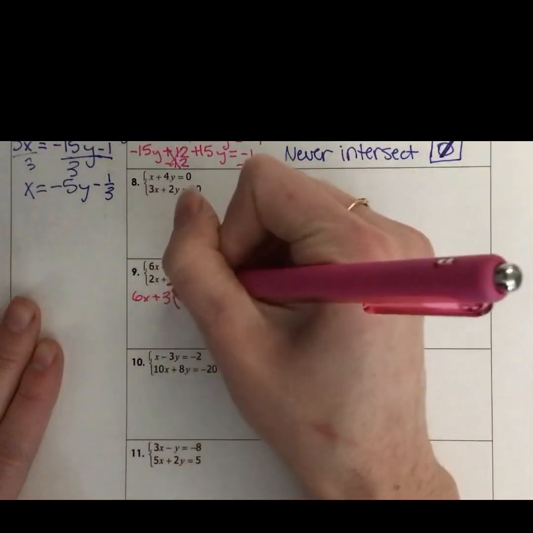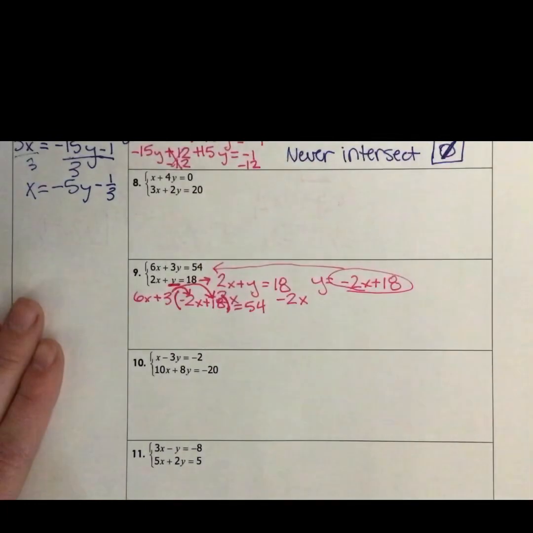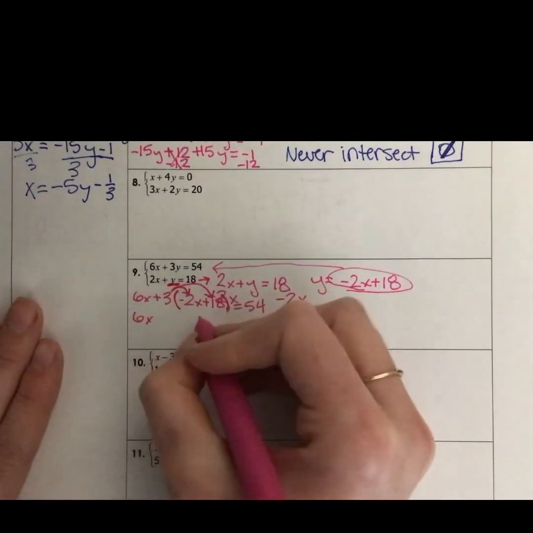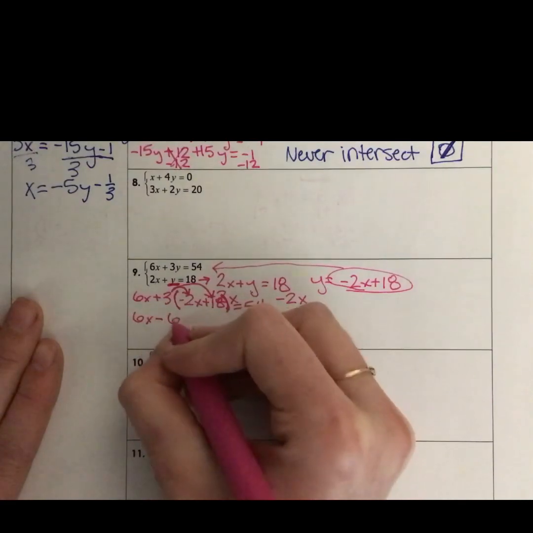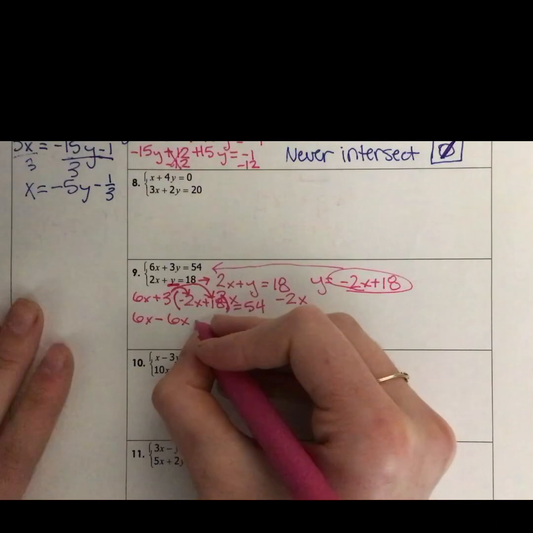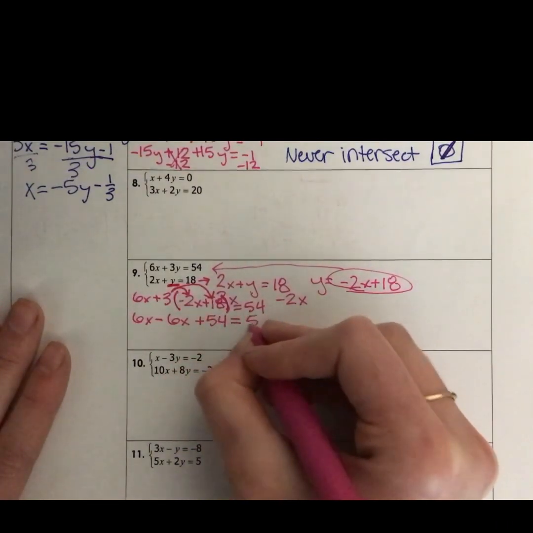Well, again, I need to distribute this 3 to both terms in this parenthesis. And if I take 3 times negative 2x, I get negative 6x, and 3 times 18 would give me a positive 54. And that equals 54.